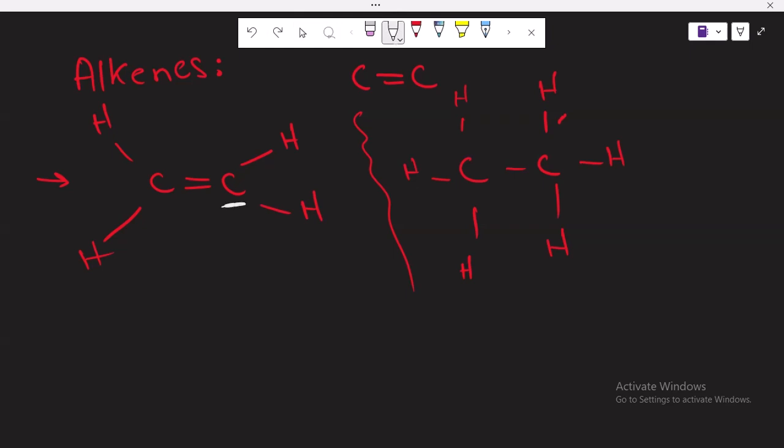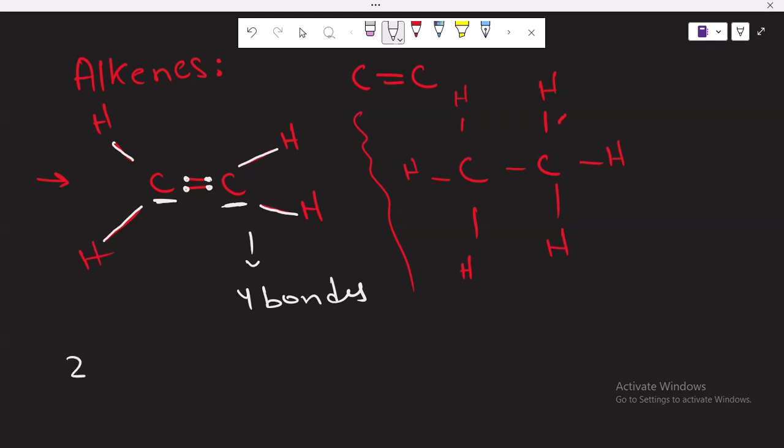Now, if you talk about this particular carbon here, this particular carbon is bonded to one hydrogen here, these 2 bonds, and one bond here, and one bond here. So this makes a total of 4 bonds. Okay. And now this particular carbon is bonded to this hydrogen and this hydrogen and this bond here.